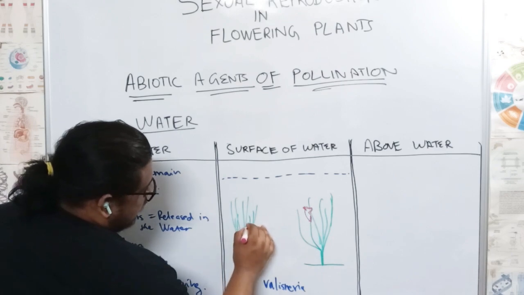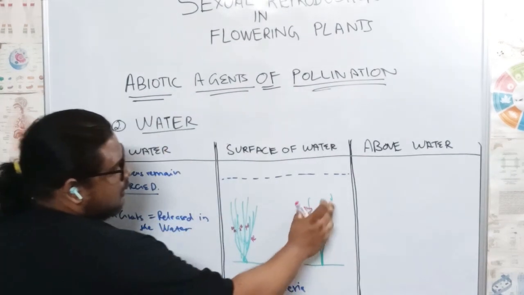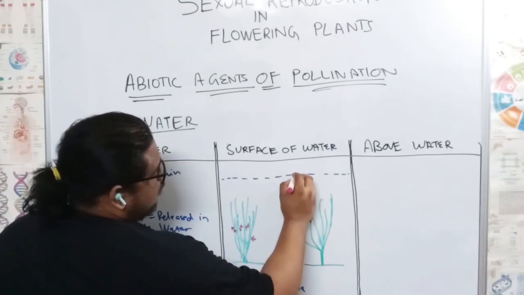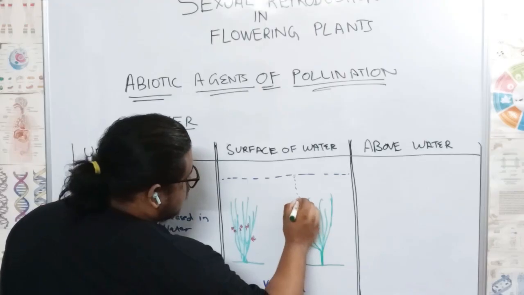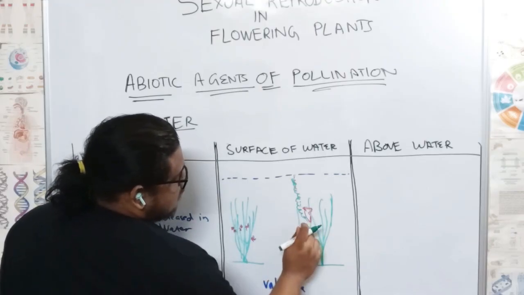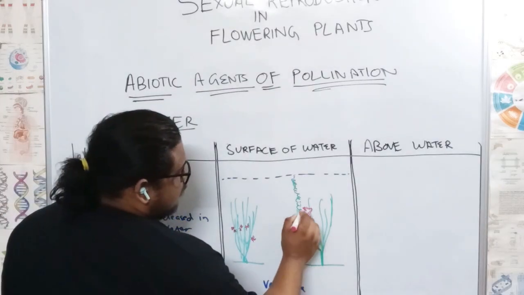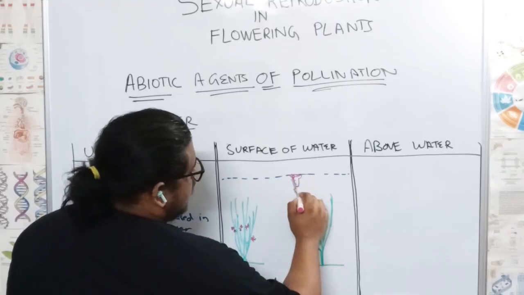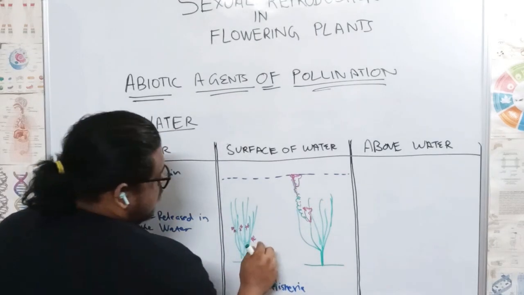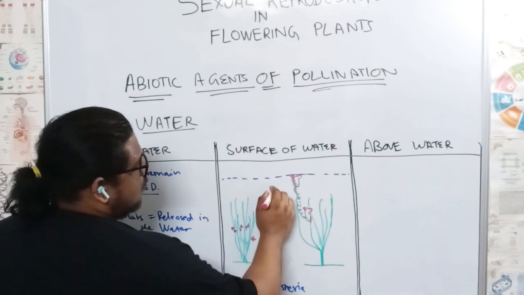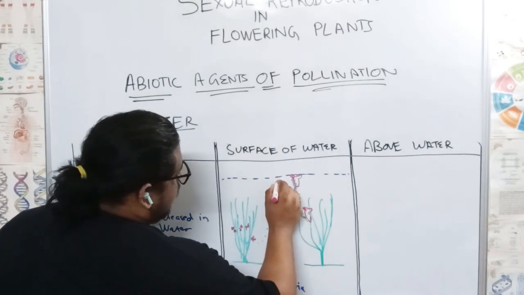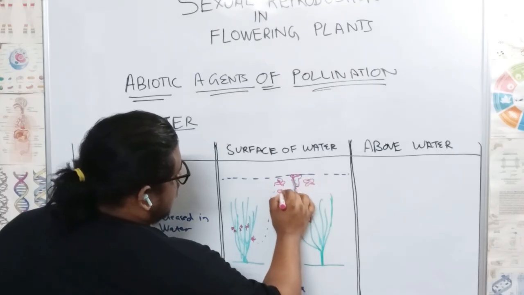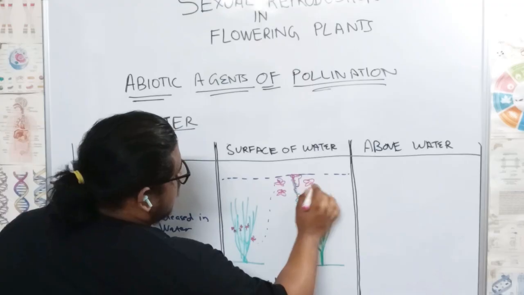What happens is that the female flower from the plant moves and rises to the surface of the water. How? Through a stalk like structure that rises from the plant itself. So the flower that was here will move upwards and come to the surface of the water.